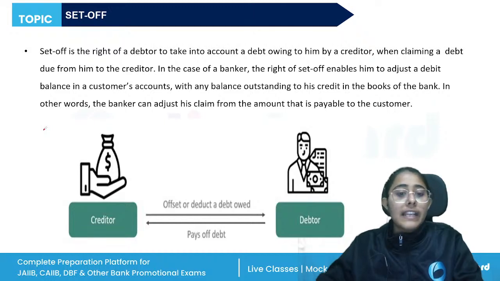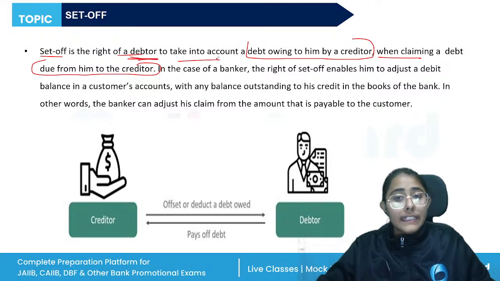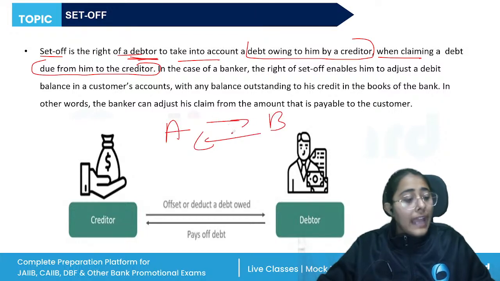And then we have, finally, set off. What is set off? Basically, we are cancelling out. It is the right of a debtor to take into account a debt owing to him by a creditor when claiming a debt due from him to the creditor. So if A and B have taken loans from and given loans to each other, then they can cancel it off.